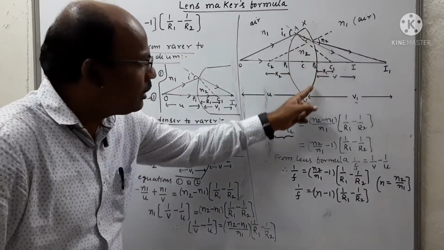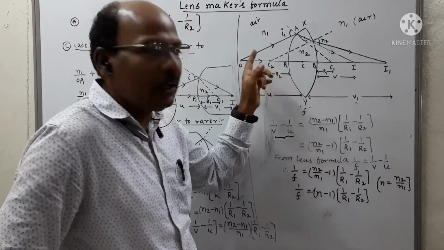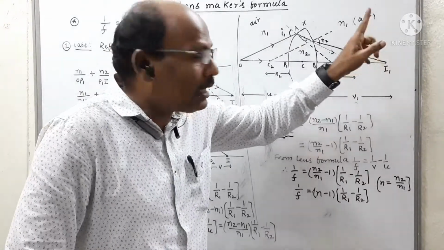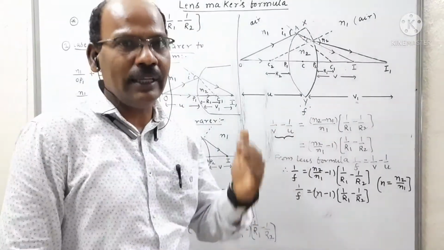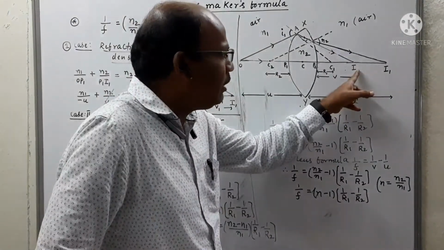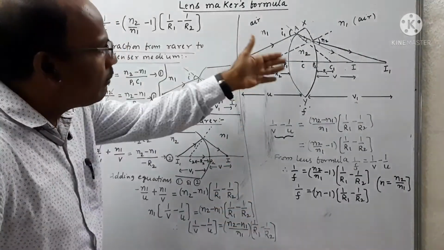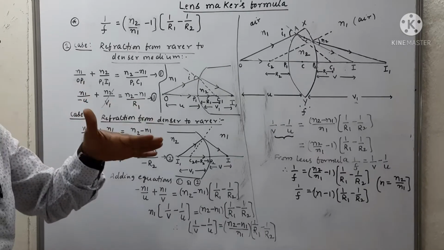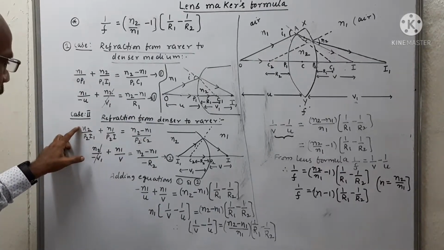So we consider the second surface. While we consider the second surface, the image I1 formed by the point object at V1 acts as the virtual object for the second refracting surface XP2Y, and it forms the final image at a point I at a distance V. So by considering the second case, we can write N2, the medium in which the virtual object is kept, that is the second medium, the denser medium.